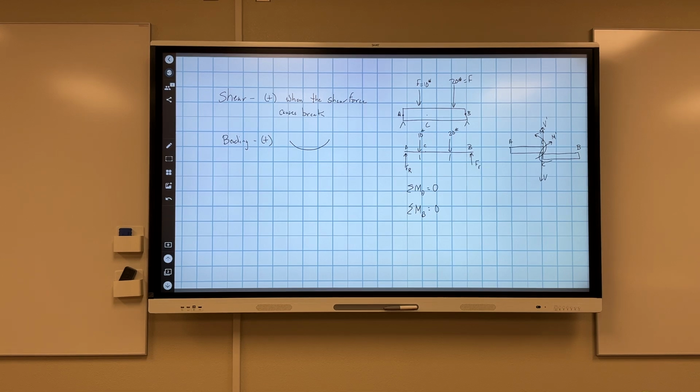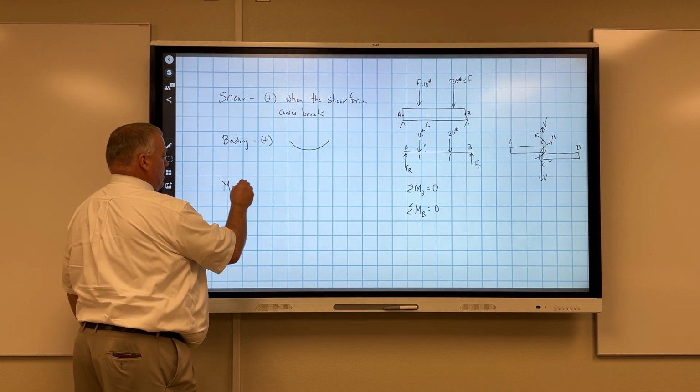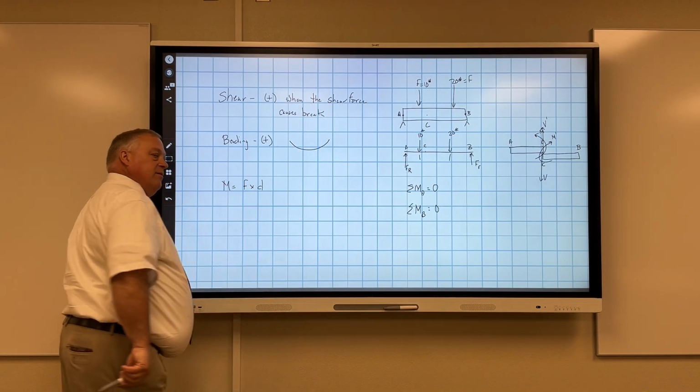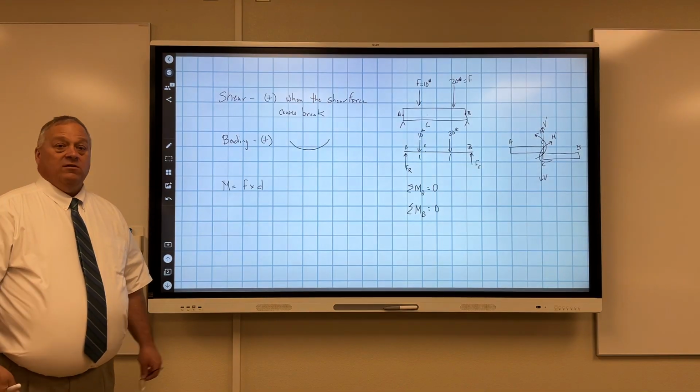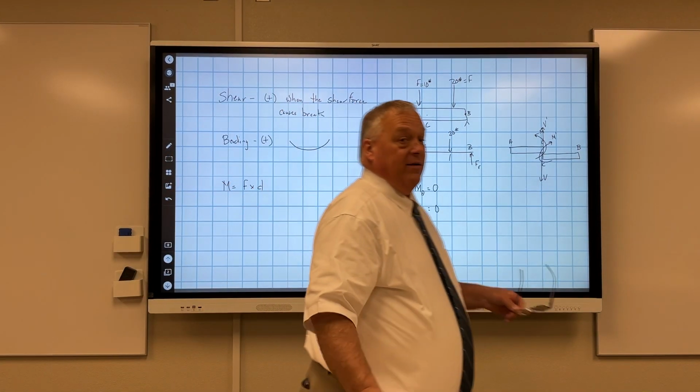It snaps. The same principle is at work here. Distance is important. We know that because what is a moment? It's a force acting through some perpendicular distance. So we're not introducing anything new.